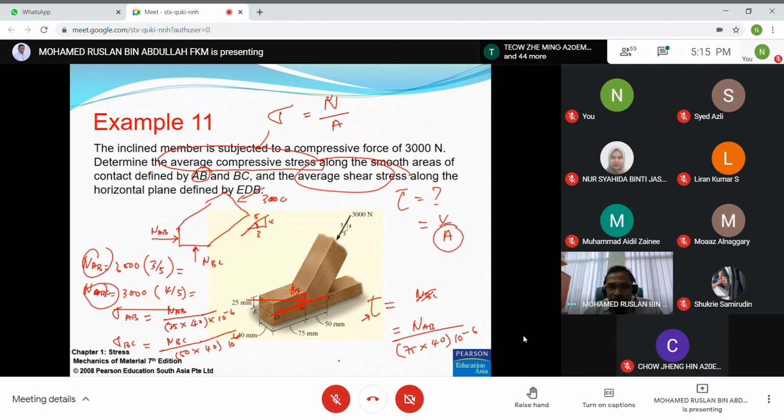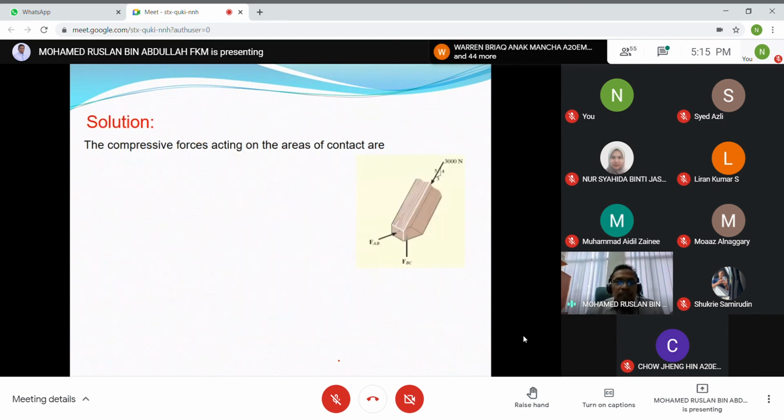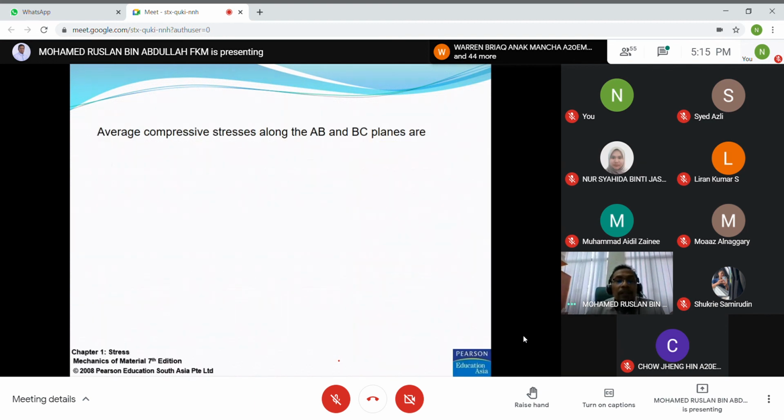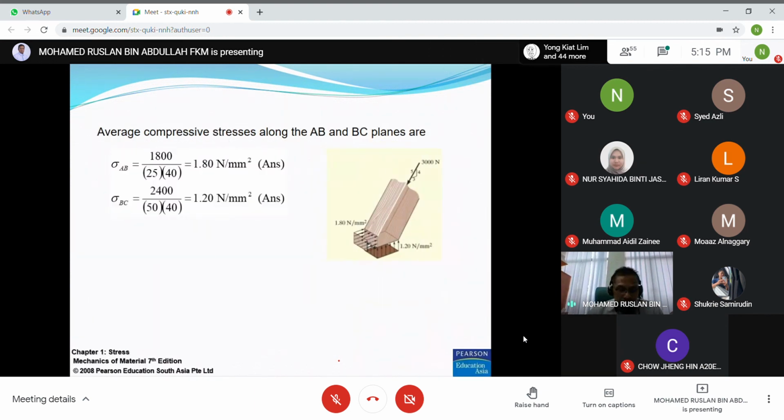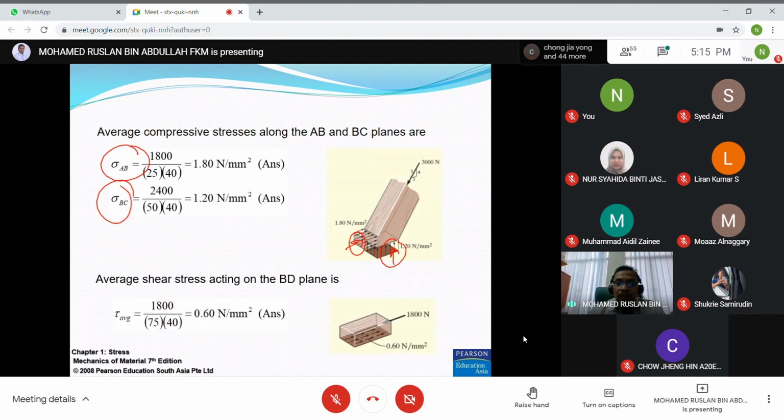That's all. You can check in the solution one by one. This is sigma AB and sigma BC; this one refers to AB and this one refers to BC. And for tau, the average shear stress for the plane, N is the same as AB, divided by the area 75 multiplied by 40.